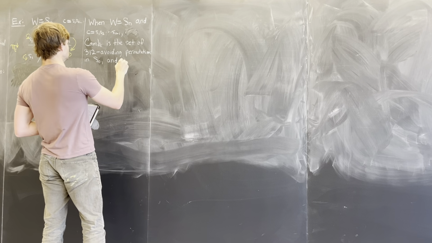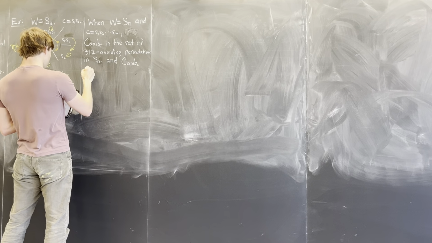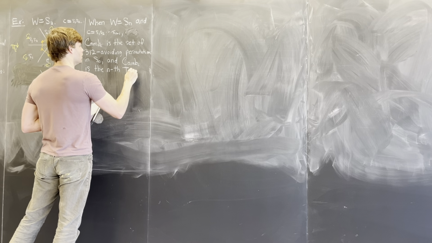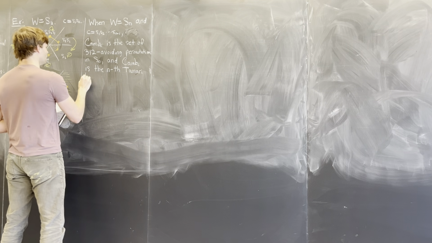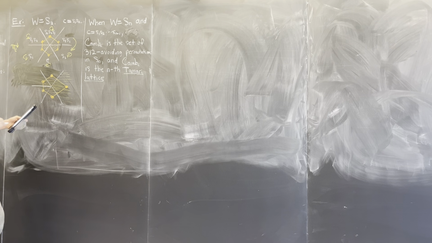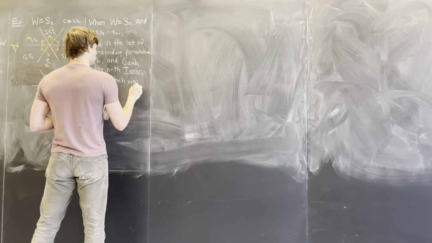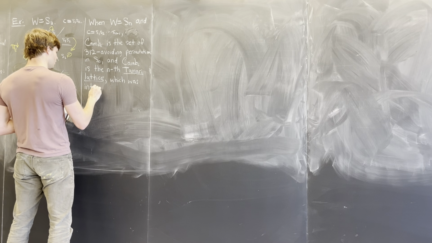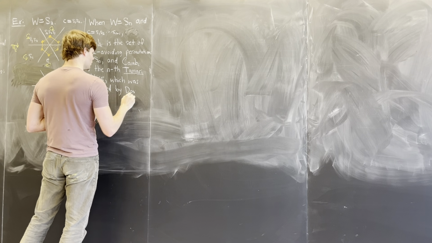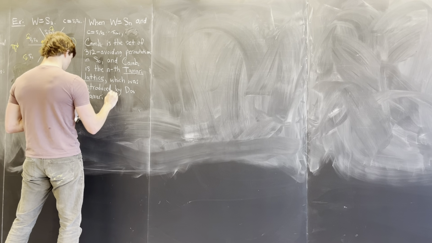In this case, Cam sub C is something called the nth Tamari lattice, which was introduced by Dov Tamari in 1962.